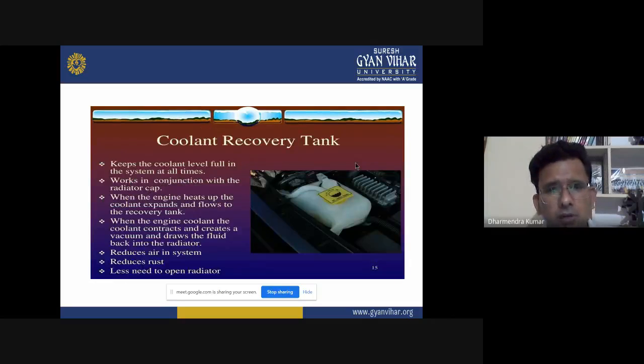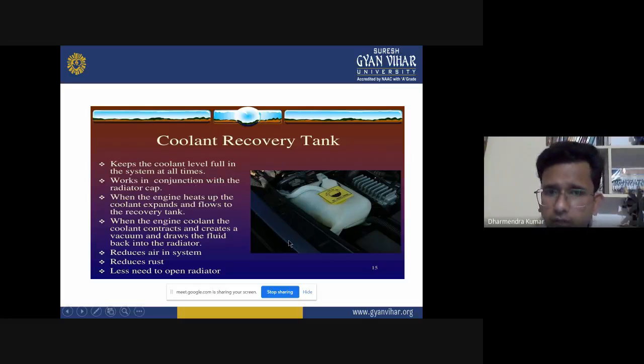Now this is the coolant recovery tank. Earlier we discussed coolant and the antifreeze solution which we use in the water cooling system. The function of the coolant recovery tank is to keep the coolant level full in the system at all times.